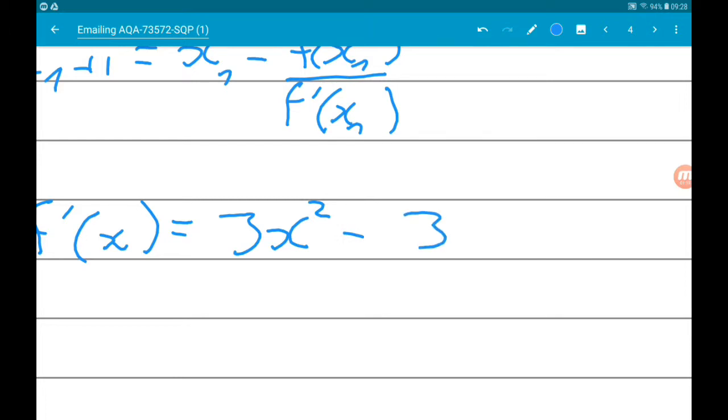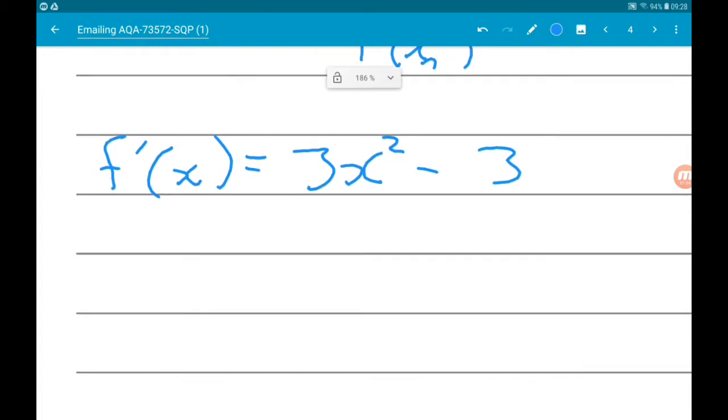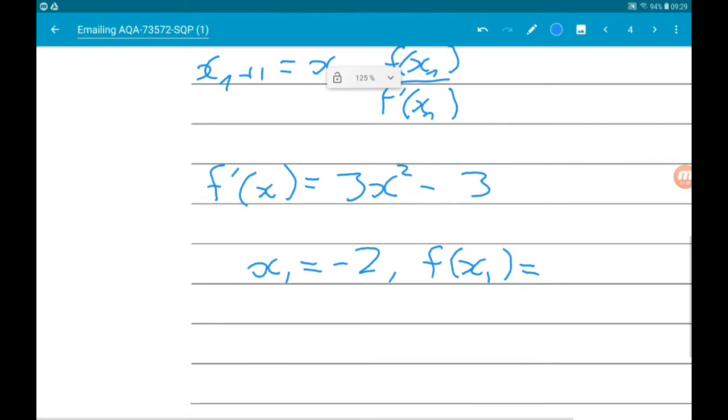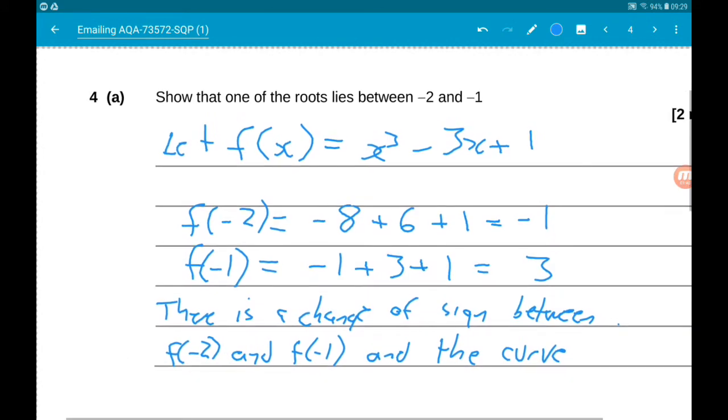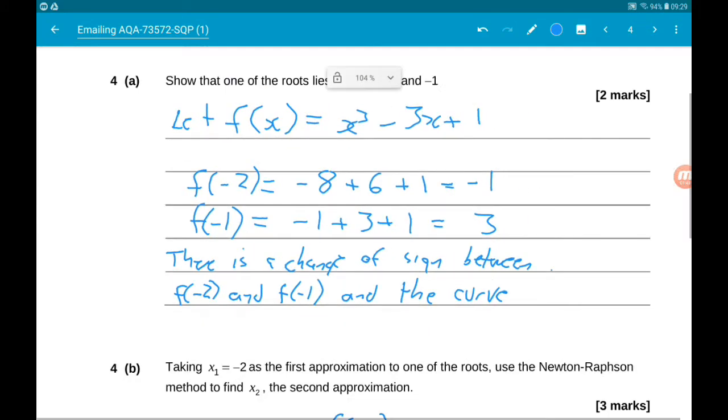Okay, so we are going to use then x1 is minus 2. f of x1, we already know that, we did that up here. So f of minus 2 is minus 1.